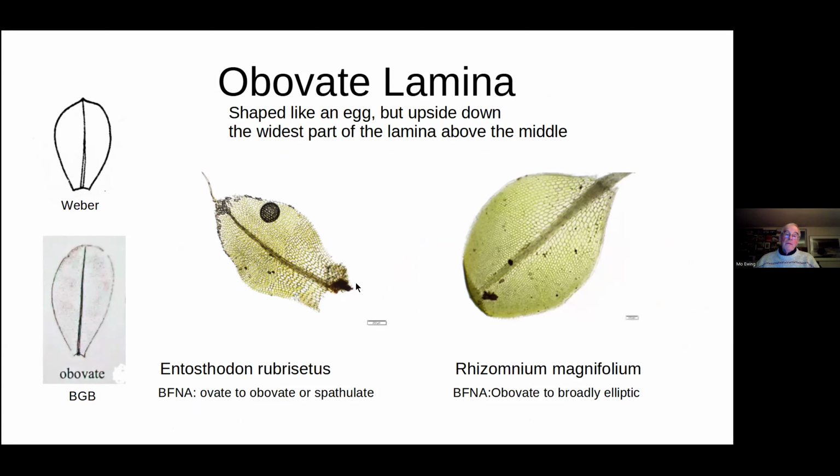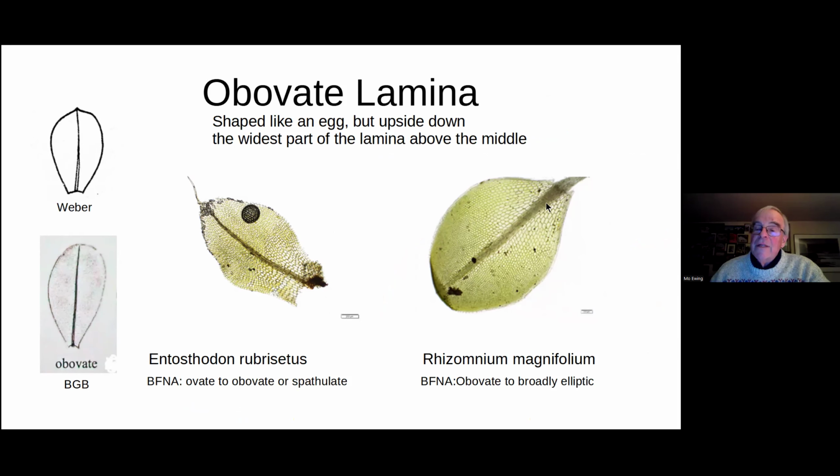Well, this is almost ovate, and this is a better example of obovate because it's an egg with the most rounded part at the tip. And in BFNA, they call Rhizominium obovate to broadly elliptic. So elliptic, but broadly elliptic.